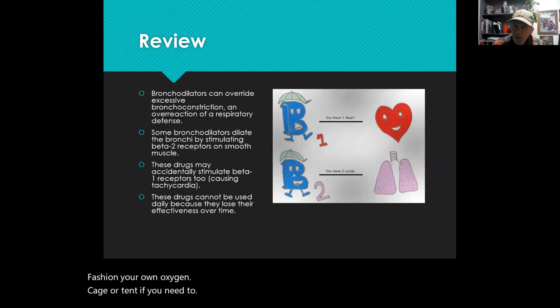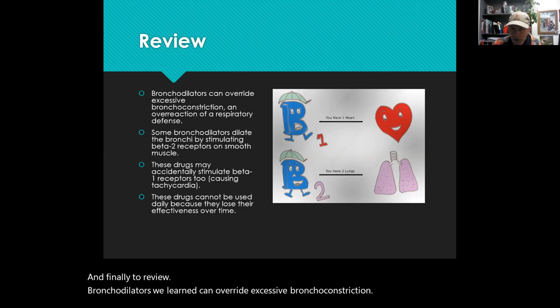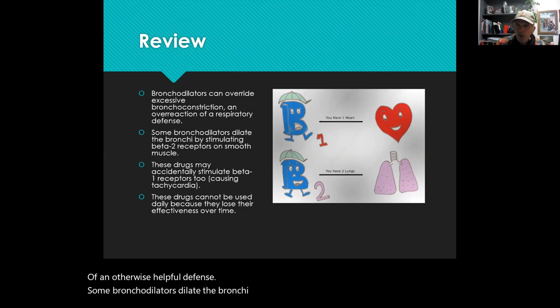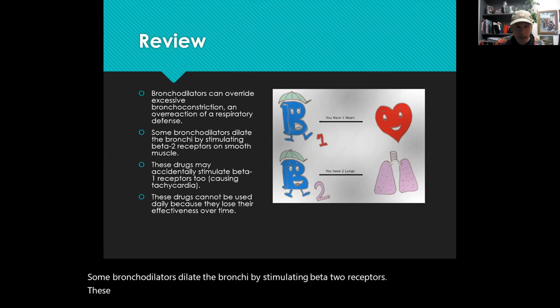And finally, to review, bronchodilators, we learned, can override excessive bronchoconstriction, an overreaction of an otherwise helpful defense. Some bronchodilators dilate the bronchi by stimulating beta-2 receptors. These drugs may accidentally stimulate beta-1 receptors too. That can cause tachycardia.